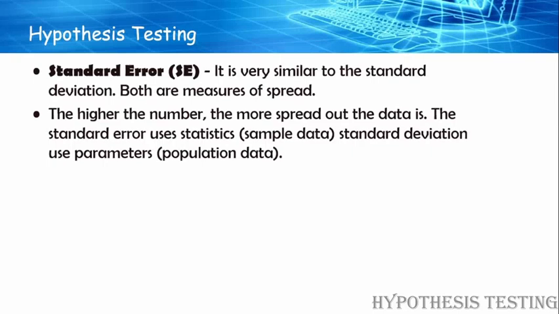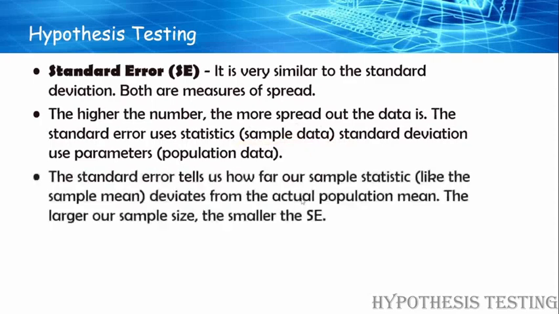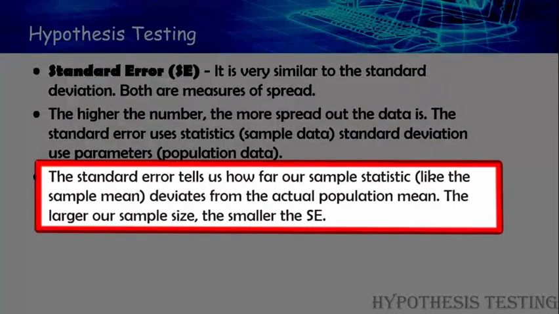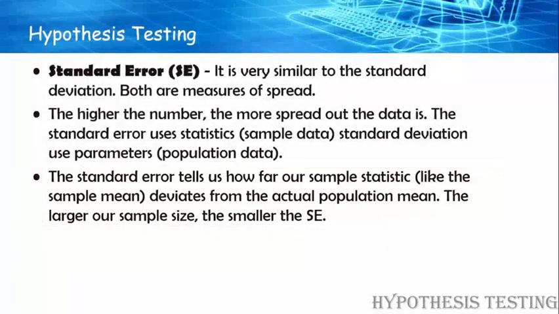Standard deviation can use population data or sample data. Population data is the entire data, and sample data is a few randomly selected data. The standard error tells us how far our sample statistic, like the sample mean, deviates from the actual population mean. I think now everyone is getting the picture of the difference between a sample and a population.